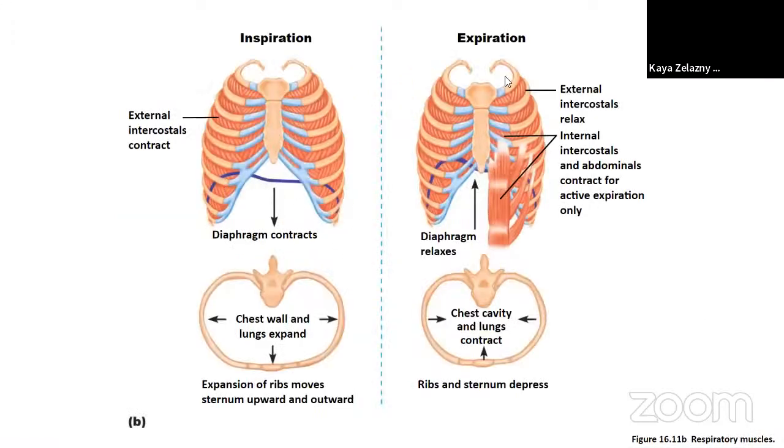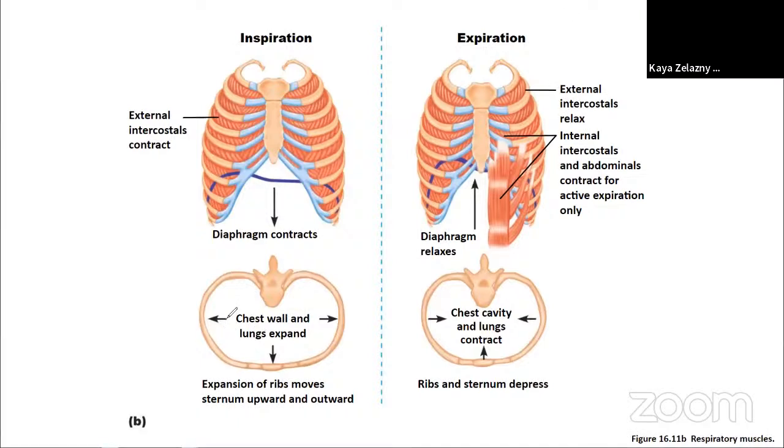So here you also see the difference in cross-section of the chest wall. Right, so inspiration, big chest, big alveoli, low alveolar pressure, as those ribs have moved up and out, versus small rib cage during expiration, putting pressure.